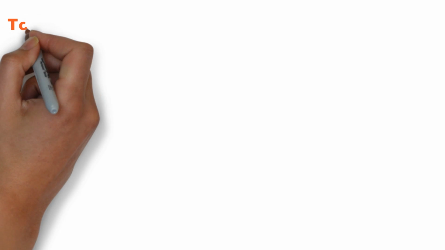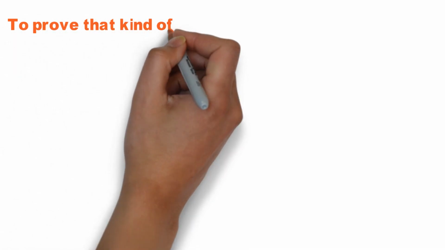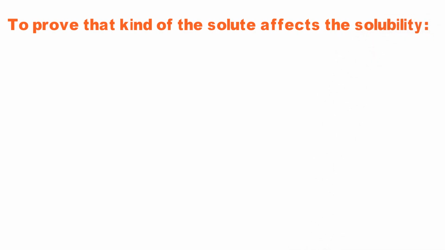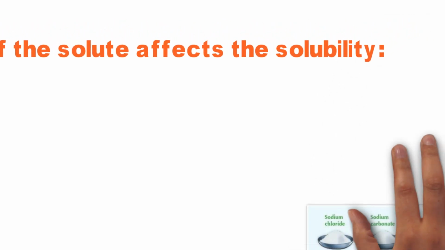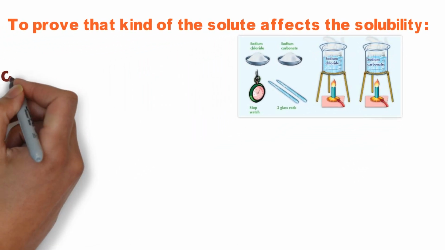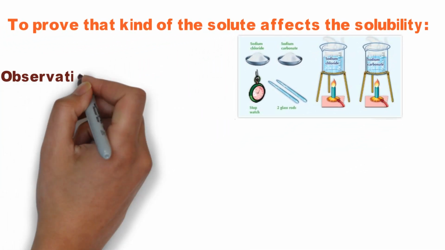The last factor here is to prove that the kind of solute affects the solubility process. If we have two beakers containing the same amount of water, and we have two different solutes, sodium chloride and sodium carbonate, and two glass rods and the stopwatch, by putting the sodium chloride in water and by putting the sodium carbonate in water, the sodium carbonate needs a longer time to completely dissolve in water.